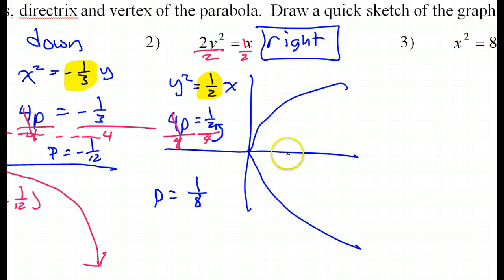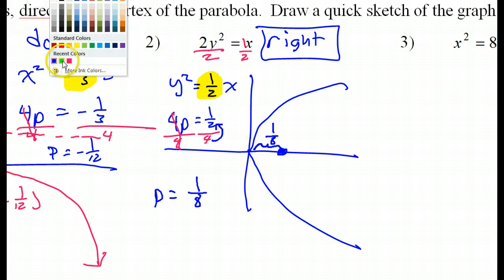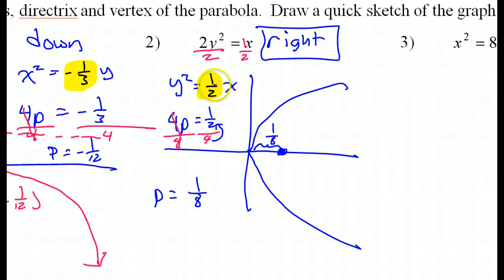This is going to the right, so that means my focus is going to be right here. Remember, this distance is my p value, so that's going to be 1/8. Now if I go the other direction 1/8, that's going to be my directrix, right here.